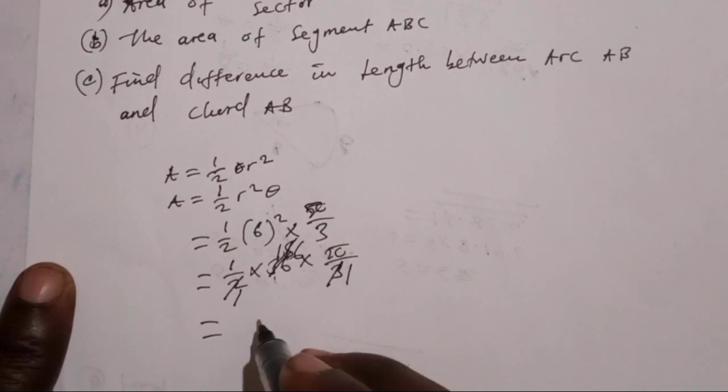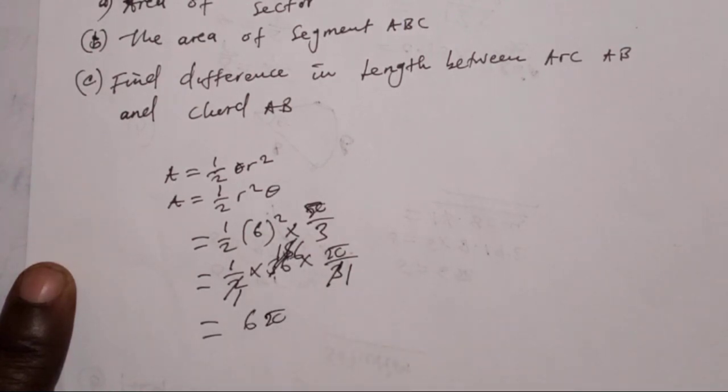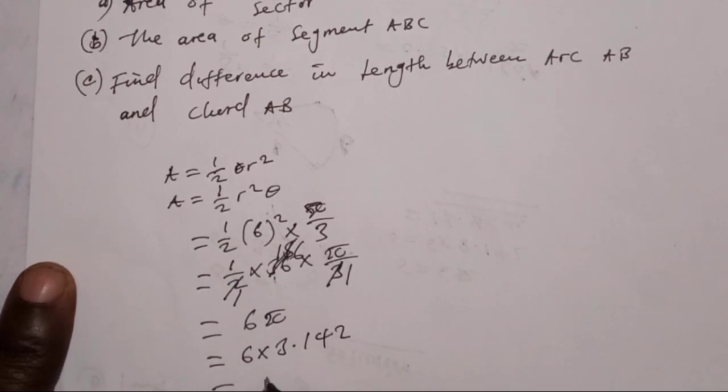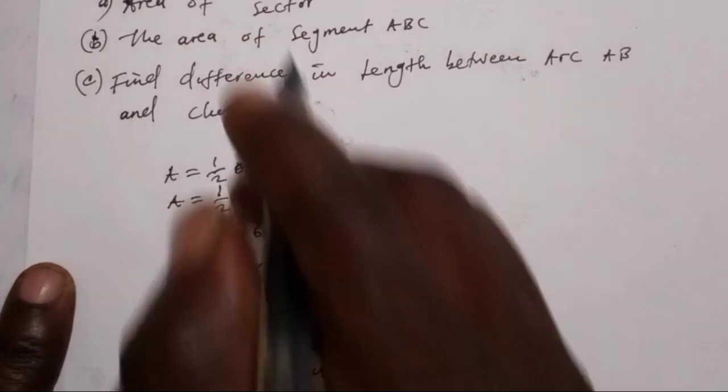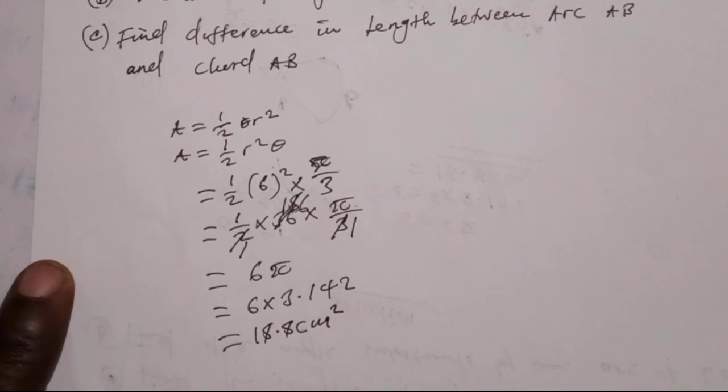Then here we're going to have 6 pi, in which when you simplify, 6 multiplied by 3.142, we're going to have 18.8 centimeters squared, because we are finding the area. This is the answer when finding the area.